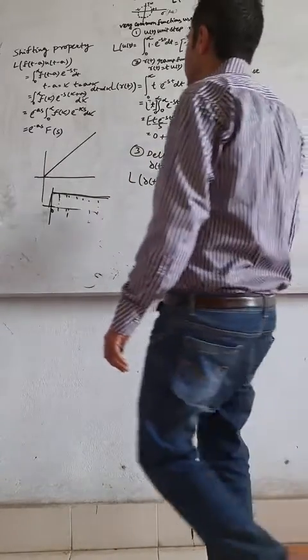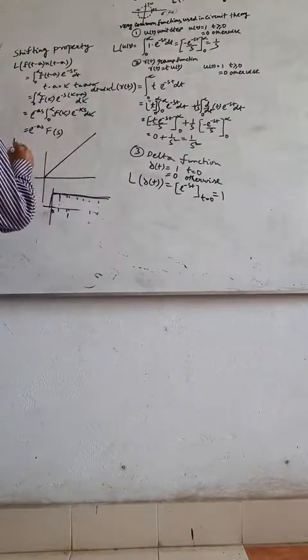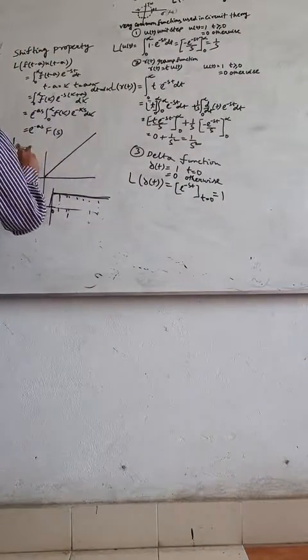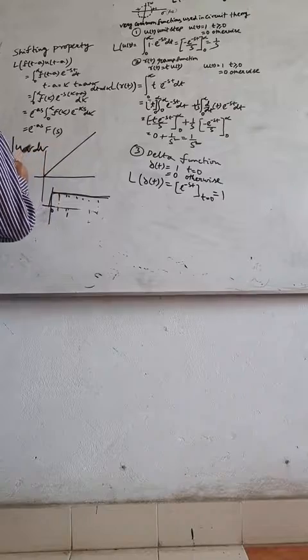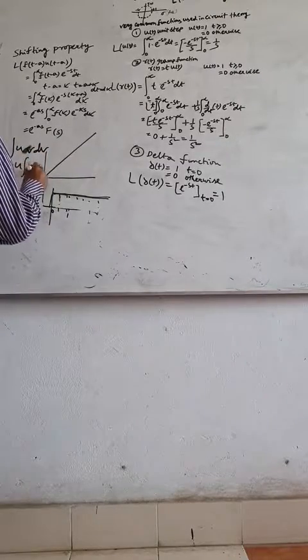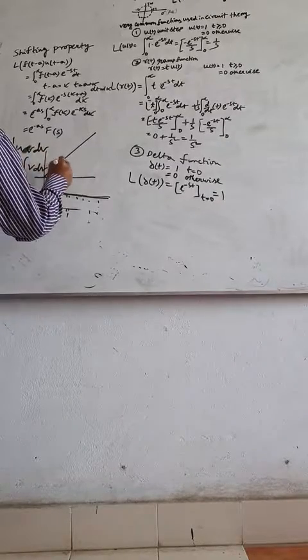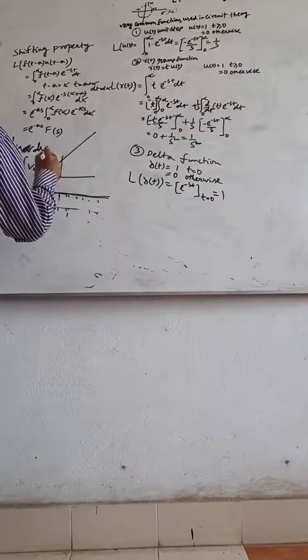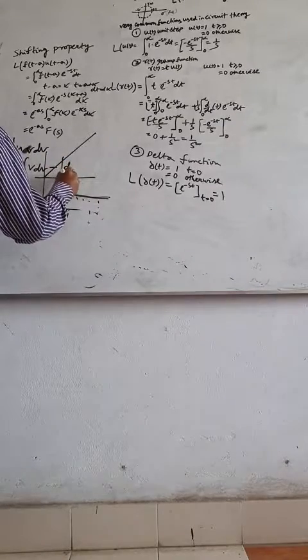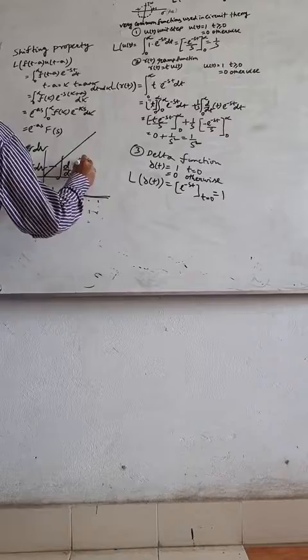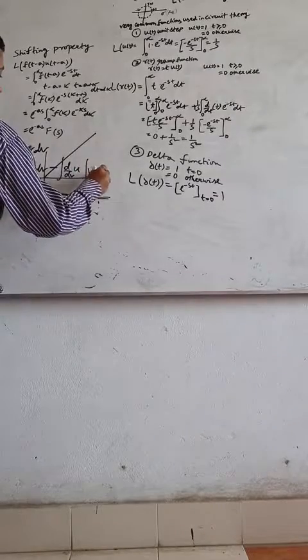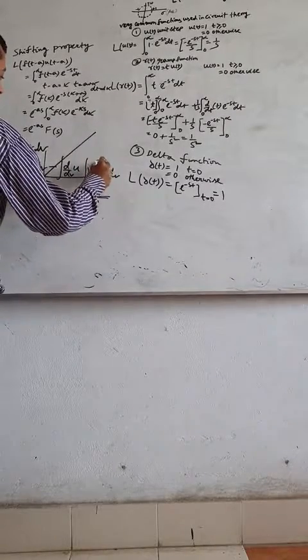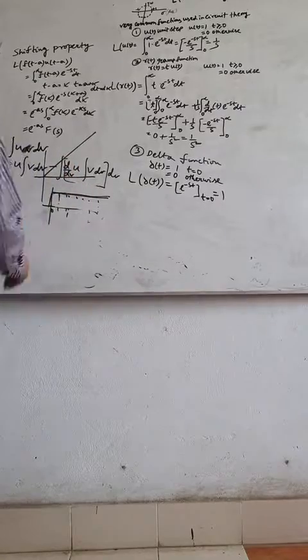Actually this is the integration by parts formula for integration of u v: it is u times the integral of v dx, minus the integral of the derivative of u times the integral of v dx. This is the formula.